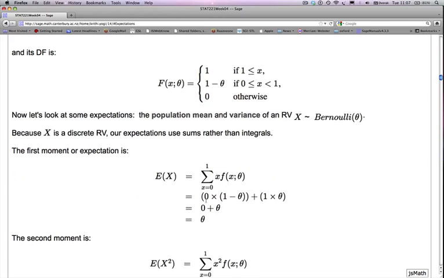So x can be 0 or it can be 1. If it's 0, little f of x is 1 minus theta, and if it is 1, its probability mass function is theta. So this is 0 times whatever is 0 plus 1 times theta is theta. So expectation of the Bernoulli random variable is simply theta.